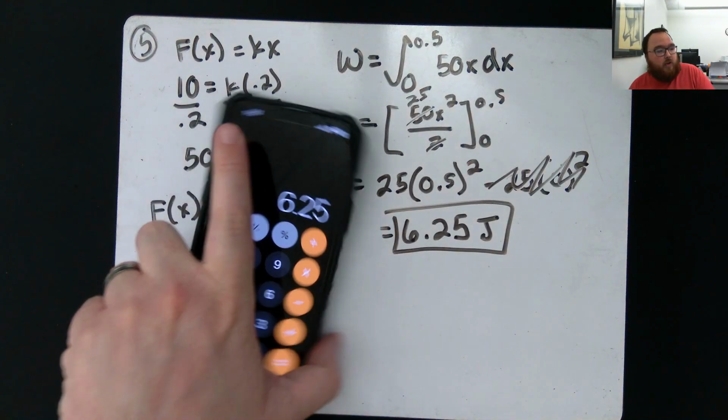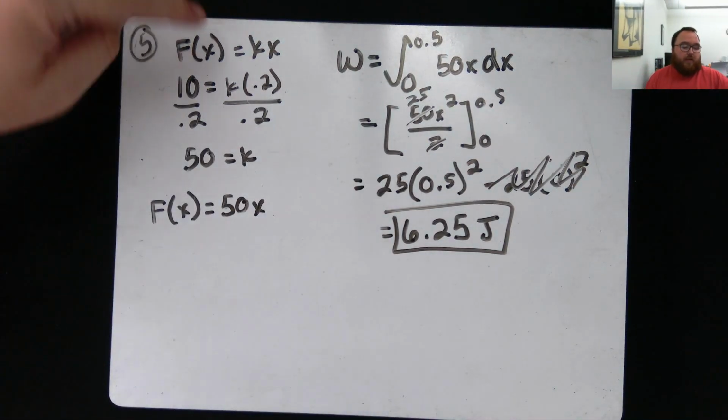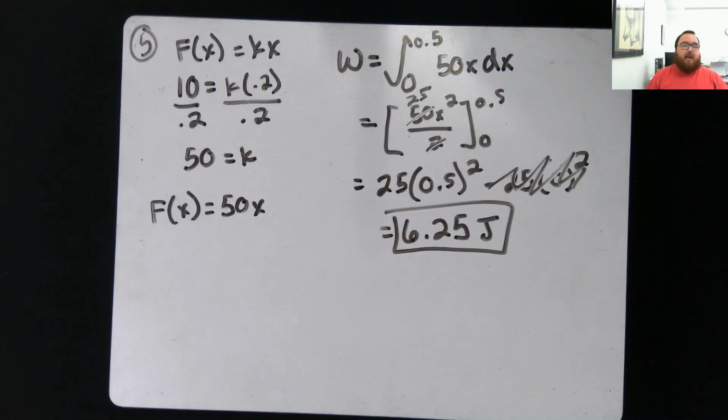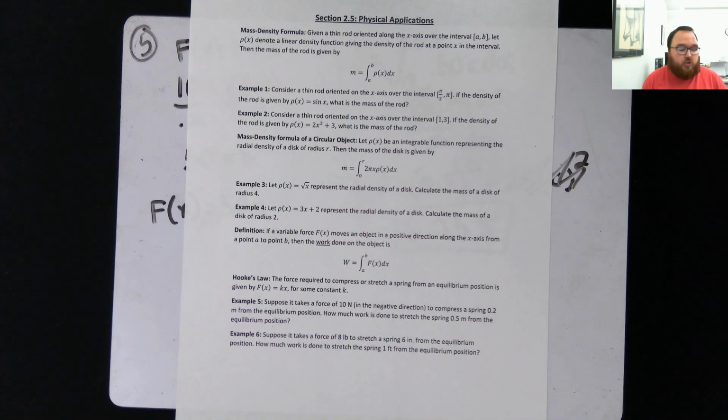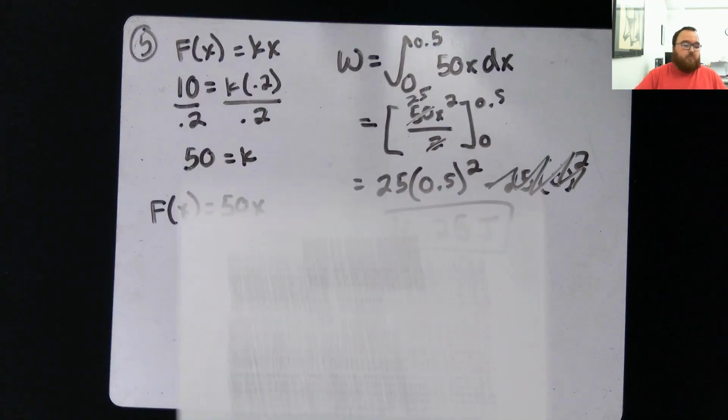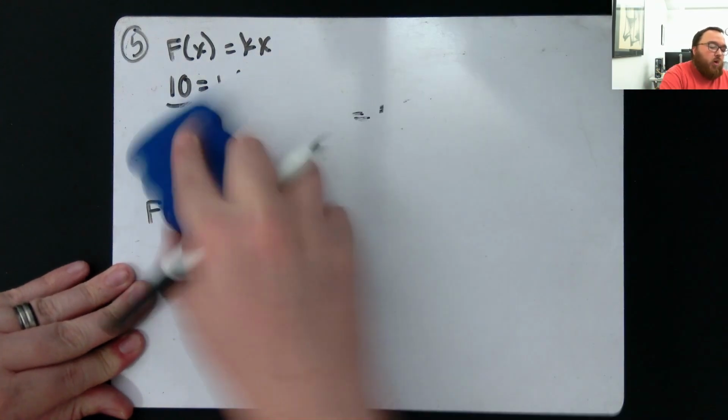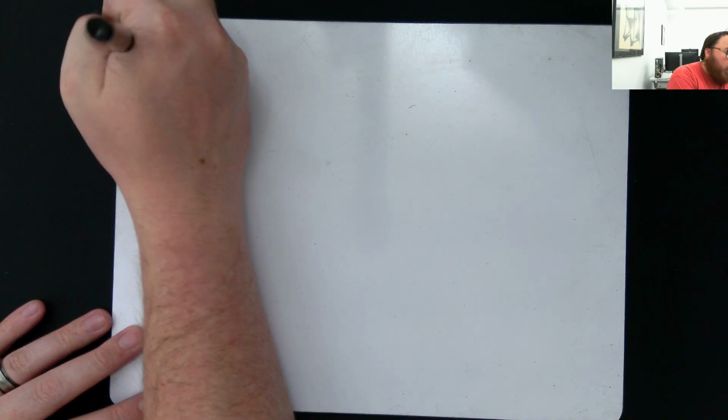So again, really the only hard part here is figuring out what the k is, but that's still not even that bad, right? Last one, example number 6. Suppose it takes a force of 8 pounds to stretch a spring 6 inches from the starting point. How much work is done to stretch the spring 1 foot? So do the same thing. In order to find the work, I need to know the function for the force.